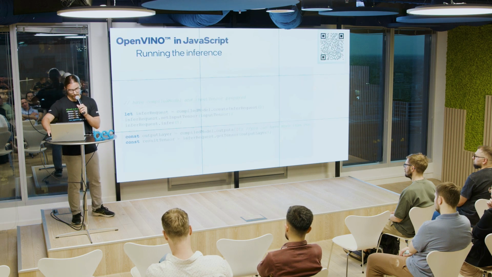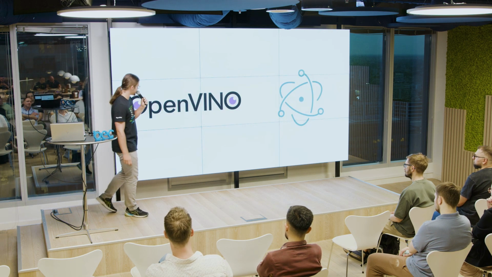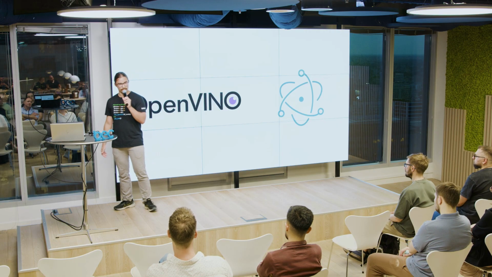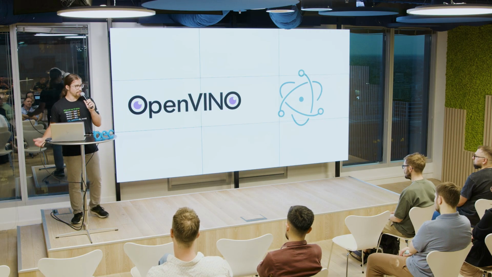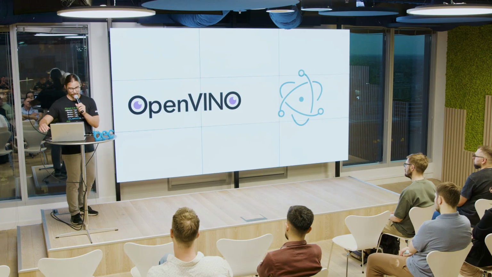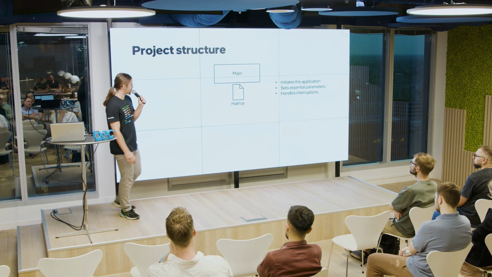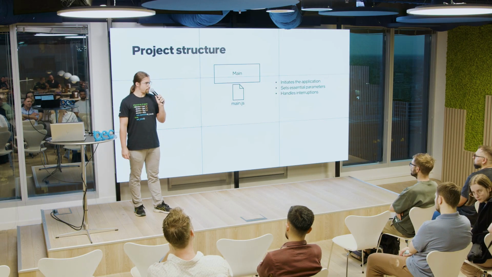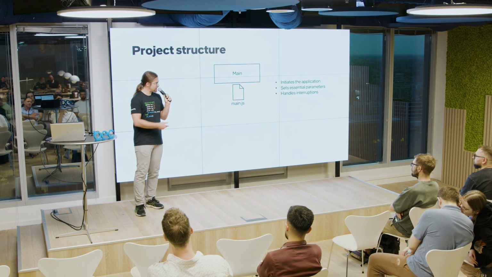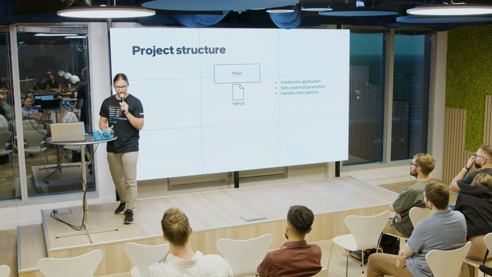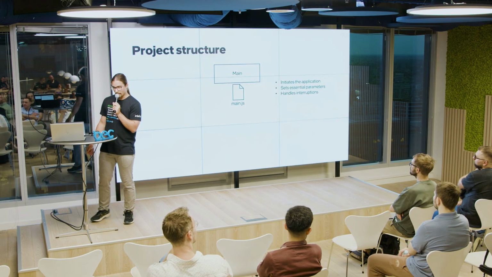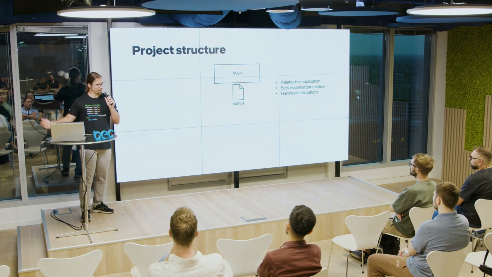Okay, so now, as I promised, OpenVINO and ElectronJS, how it can coexist, how it can cooperate. So first important thing is the project structure. It is designed in architecture which is called model view controller.